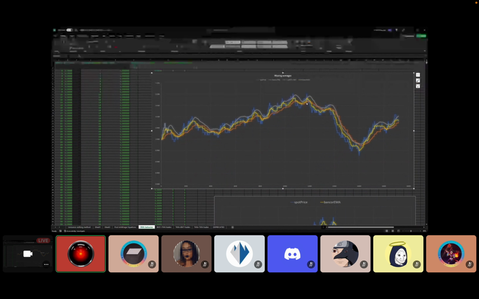Another thing that you can do is change the way that the simple moving average is implemented. In protocols like Bancor version 2 and Bancor version 2.1, there was an adjusted simple moving average whose goal is to report what price you would be confident in, essentially.